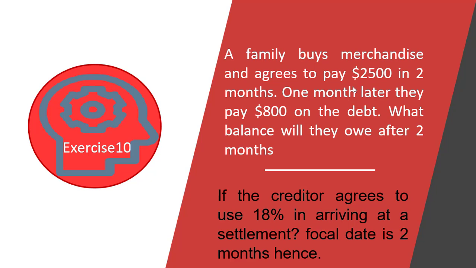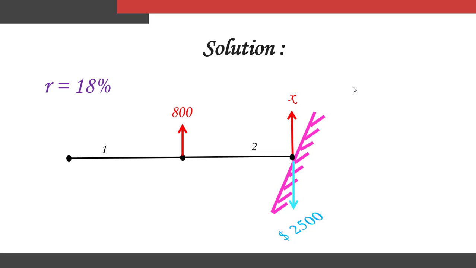In our example, I'll use the payment of $2,500 after 2 months, and we will replace it with the first payment after 1 month, which is equal to $800, and the other equal X after 2 months.